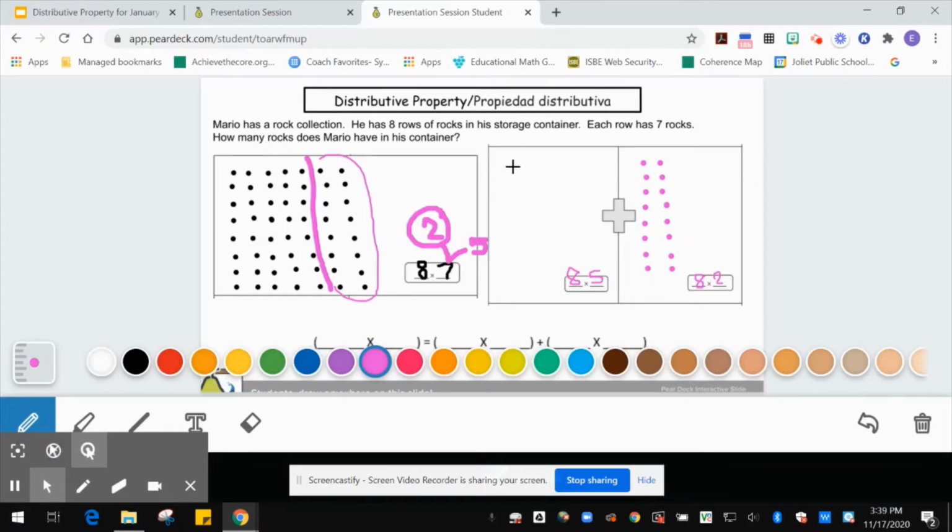And on this side, draw 8 rows of 5. These represent the 8 times 5 and the 8 times 2. Again, this array here is representing this side of the array on that part of the screen.